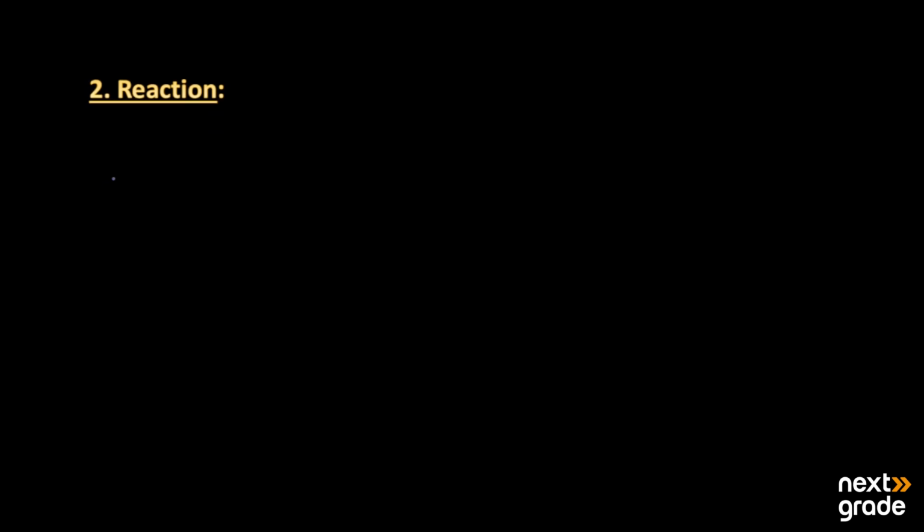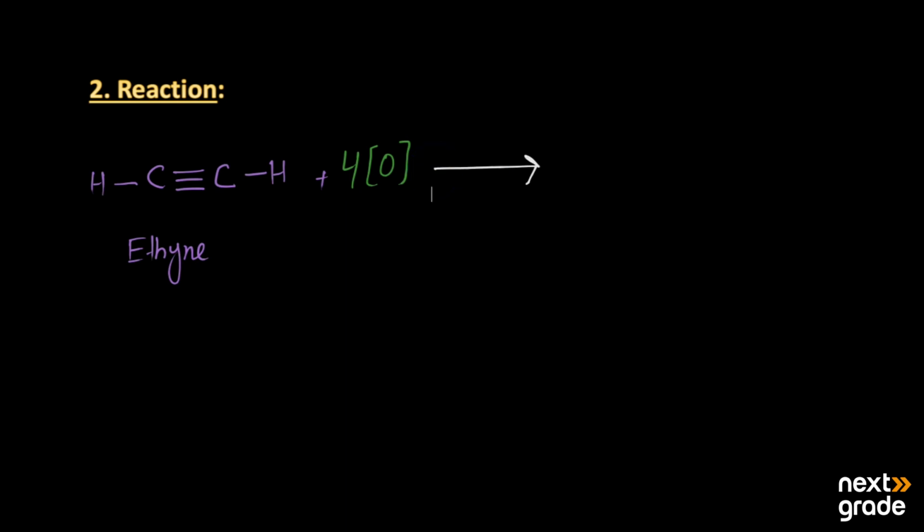So let's have a look at the chemical reaction. We have a simple alkyne, carbon-carbon triple bond, and the hydrogens. The name of this compound is ethyne. By the addition of nascent oxygen, four atoms of oxygen, and as a result of the reaction in the presence of potassium permanganate, the product that we gain is oxalic acid: C double bond O, C double bond O, hydroxyl group and hydroxyl group.